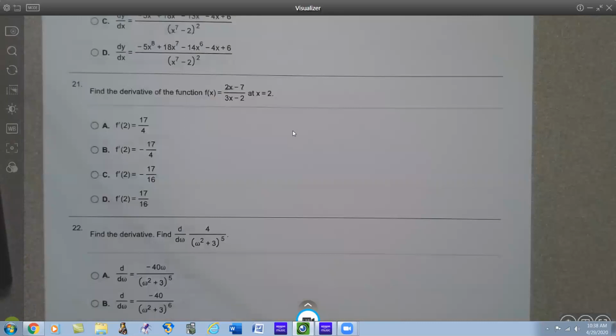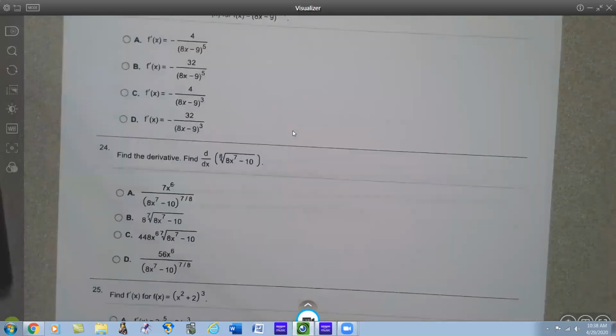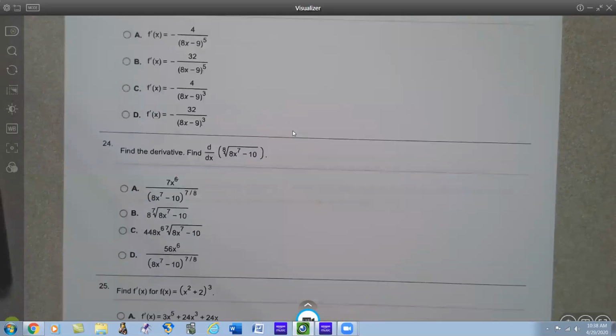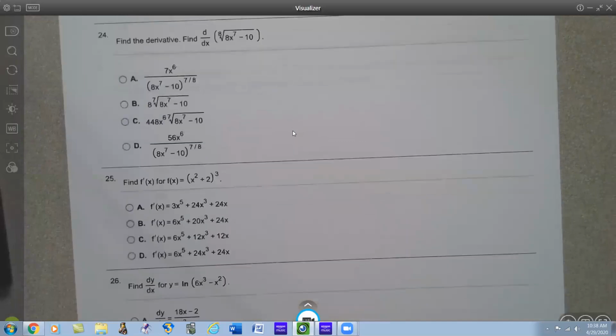Let's see what else I got. So this one, that's power rule, or yeah, power chain rule. Actually, 23 through 25 is chain rule. 26, that's your old LN rule.